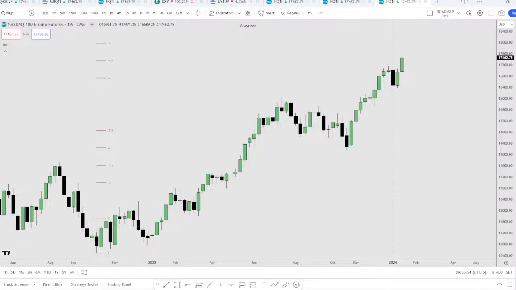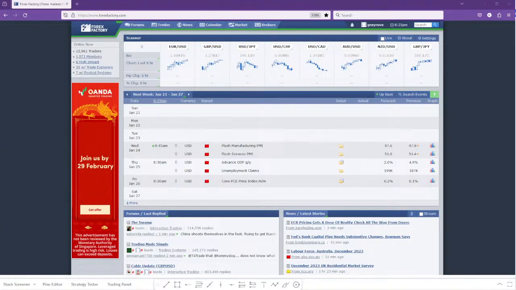Windows capture, add source. Right, so I'm just going to take a look at the calendar here.